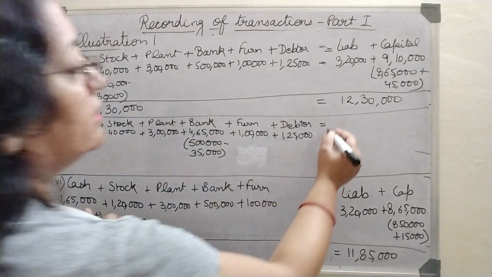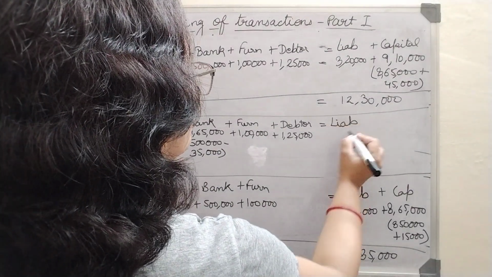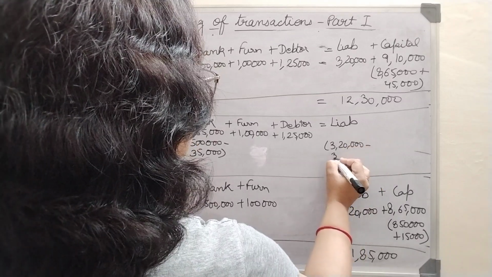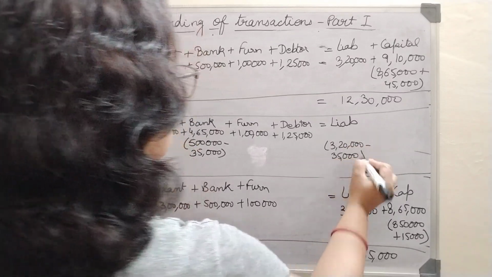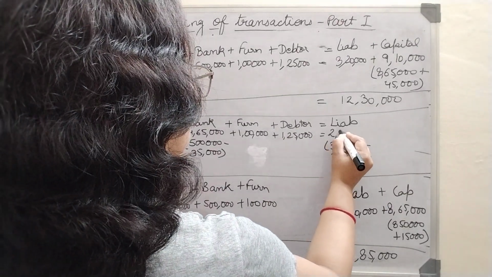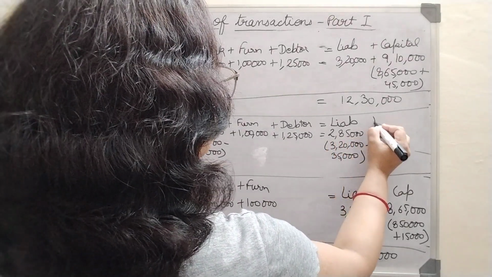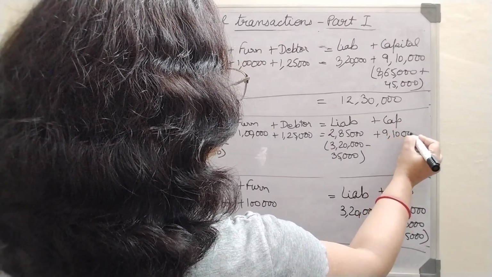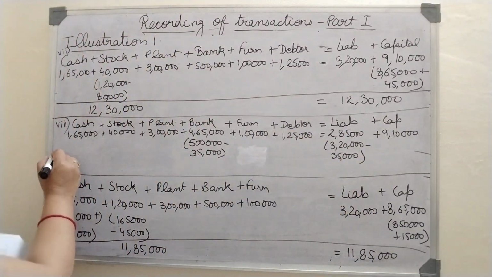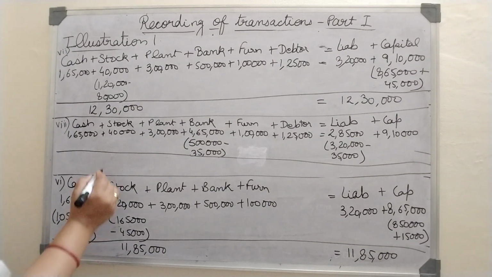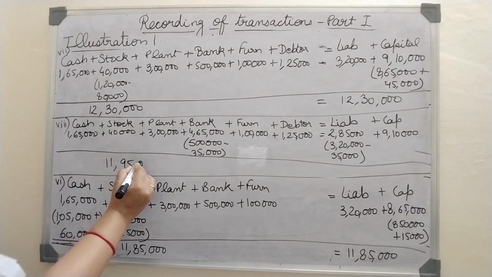Now my liability is decreasing because I have paid the money to the person. So 3,20,000 minus 35,000. Okay, so my amount will decrease to 2,85,000. And capital will remain the same, not affected. So from both sides 35,000 is deducted. When we deduct 35,000 from both sides, the total comes to 11,95,000.